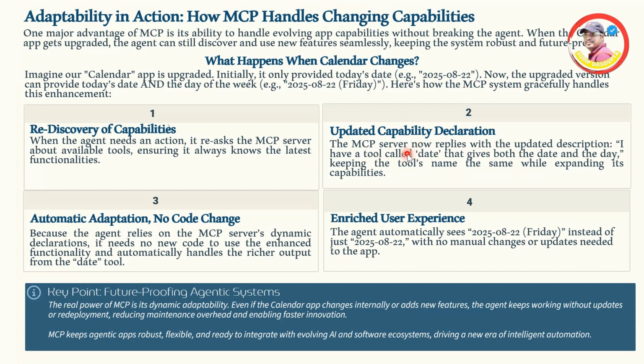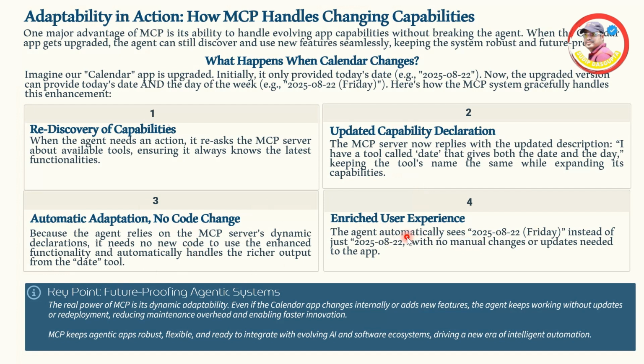So from there, our agent can learn, okay, earlier it used to give me only the date, now it can give me not only the date but also the day of the week. That is how it understands without any change in the robot code or the agent code which is running in our system, which is what is said here, right?